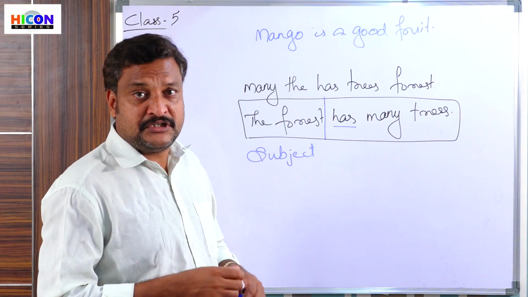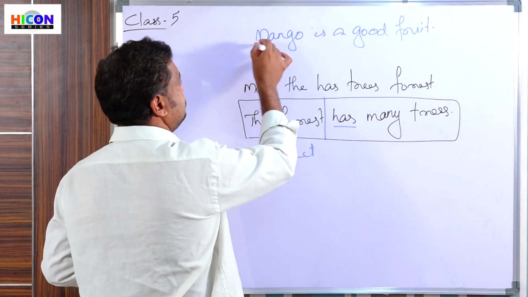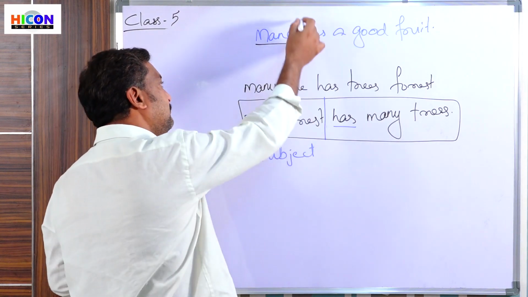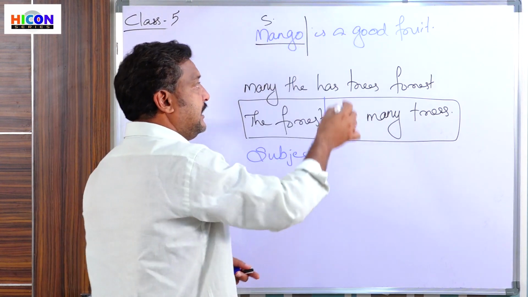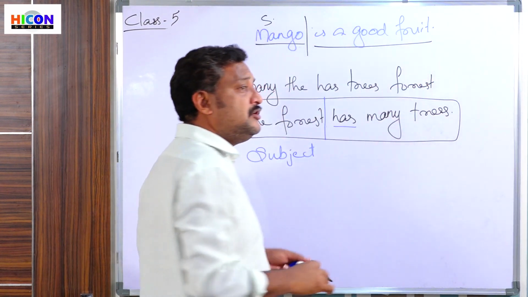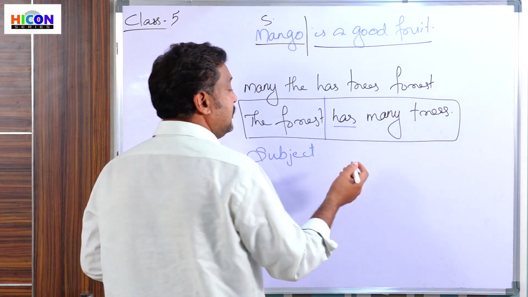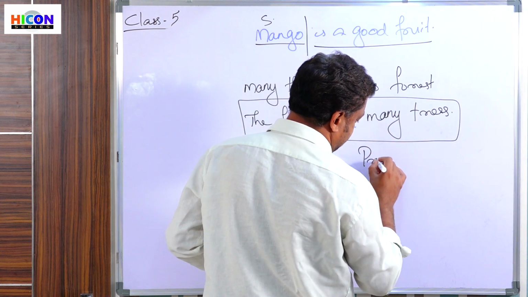We are speaking about a mango, isn't it? Then mango is the subject and the remaining part, what we speak about that, is the predicate.